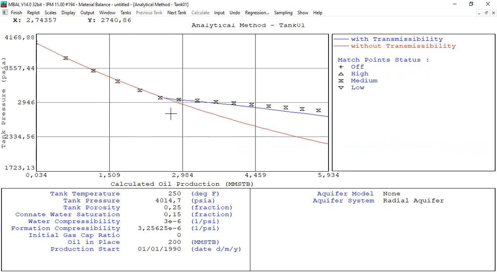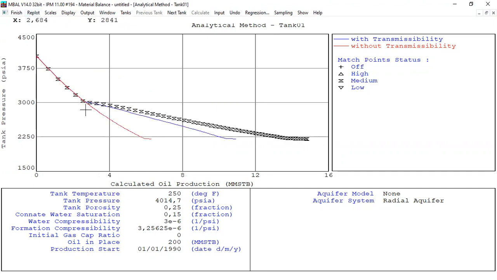Okay, why? It's because of the pressure threshold. So from this observation, we can say that the pressure threshold is 1,000, because tank 1 and tank 2 have the same reservoir pressure, which is 4,000. Tank 1 initial pressure 4,000, tank 2 initial pressure 4,000.